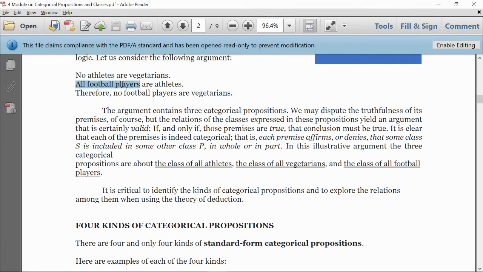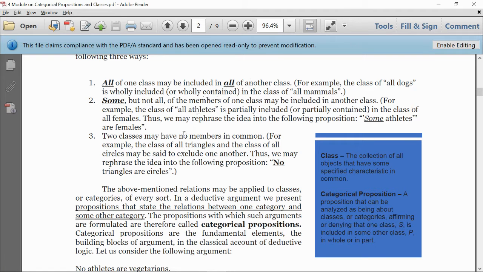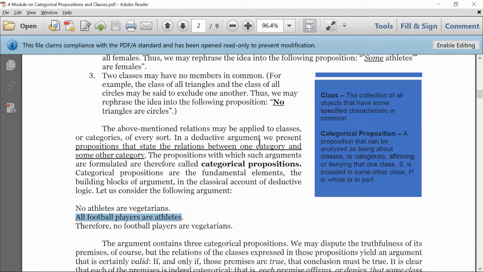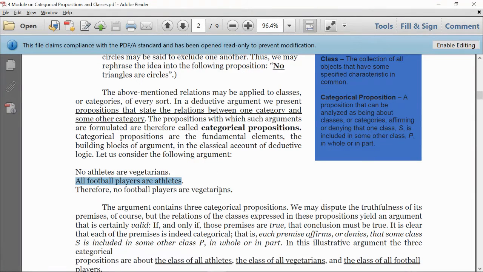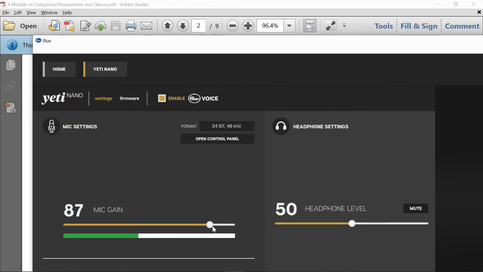The next one would be all football players, which are included in the class of athletes. The conclusion is the same form, or categorical class, as the first premise, meaning to say the class of football players excludes itself from the class of vegetarians.